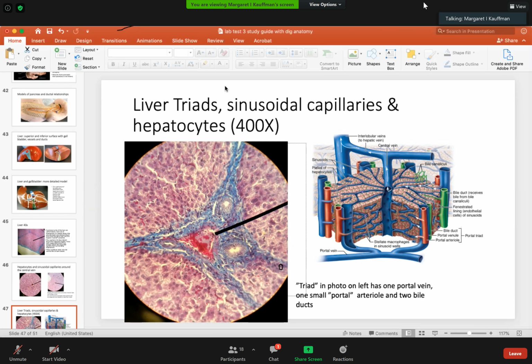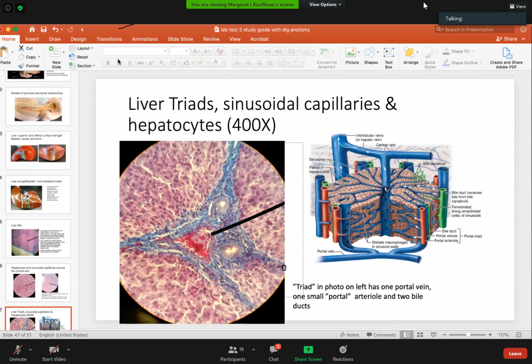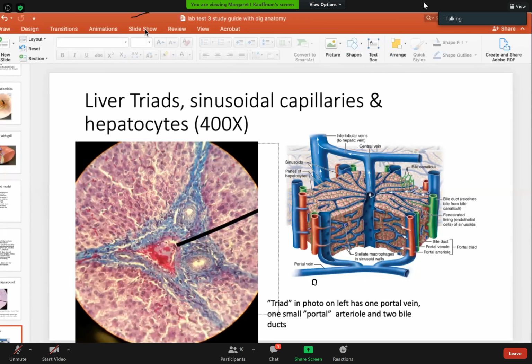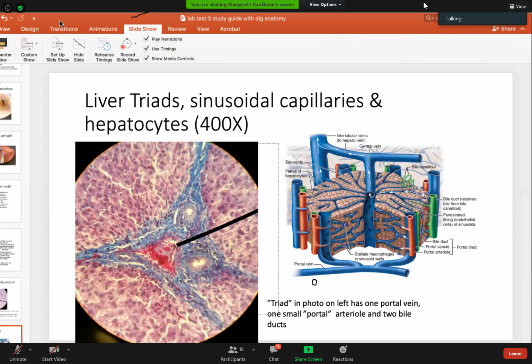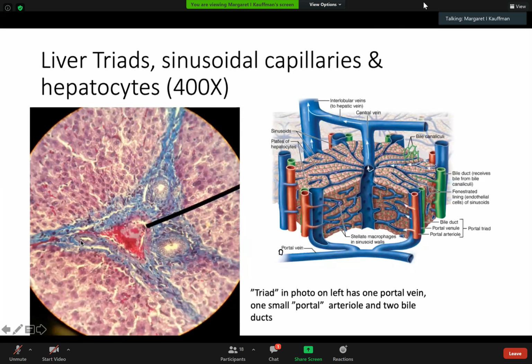I'm going to make it a little bigger here if I can. I guess the only way to do that is to do slideshow, if I can get this over here, and then play from the current slide. And we can go to the actual pictures, but right here, you see this kind of purple circular structure, and it's got nuclei that are lining the edges of it.